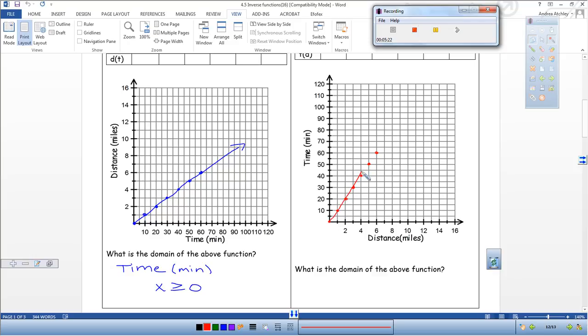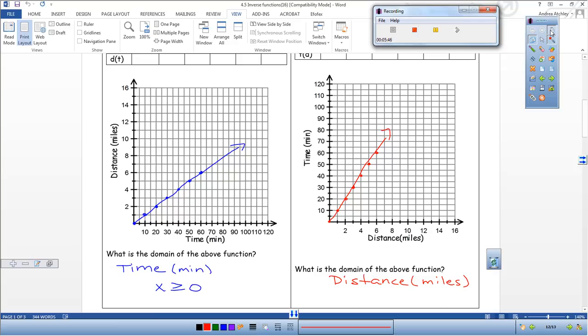So this is my line here. Now for this one, the domain of the function, what is the x representing here? The distance. Any questions over that?